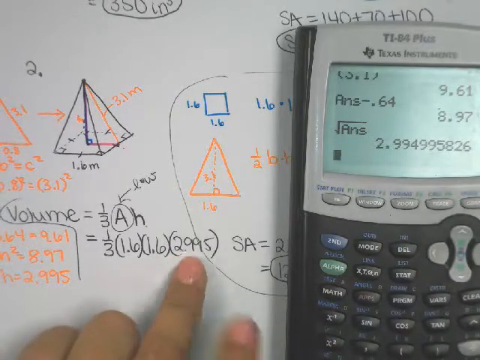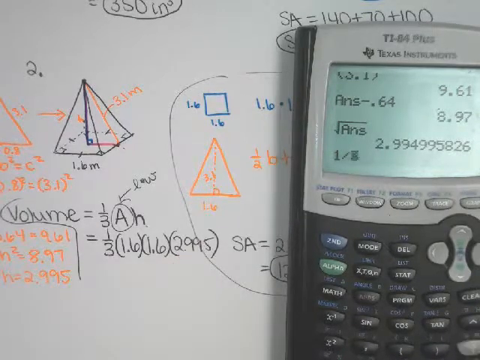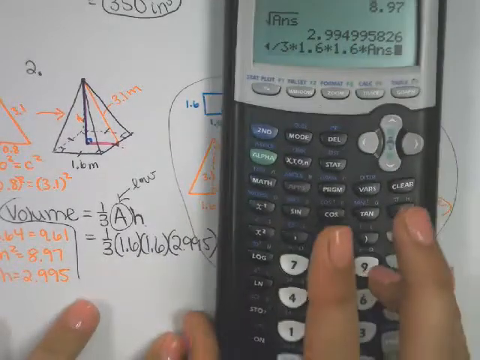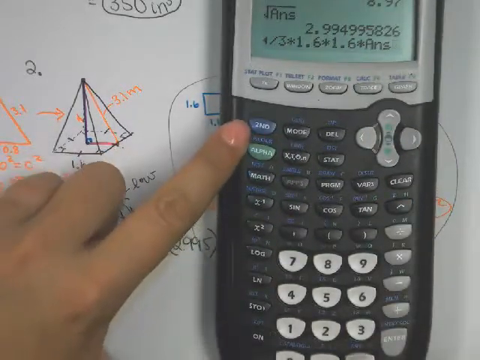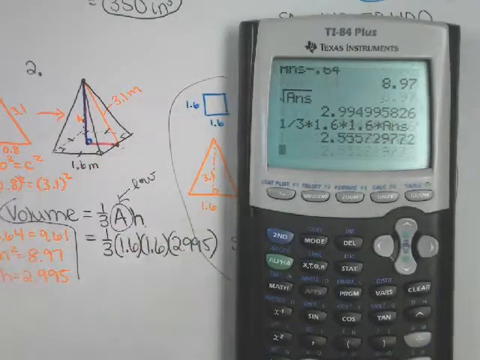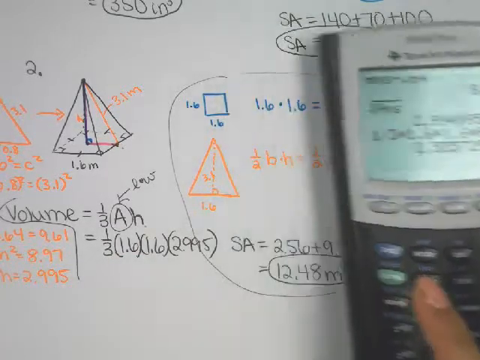So instead of putting it at the end, you can multiply it there, or go 1/3 times 1.6 times 1.6 times your last answer. Okay, I got that by doing second minus right here, second minus. That just helps you be more accurate and saves you a little time from having to type in a bunch of decimal places.